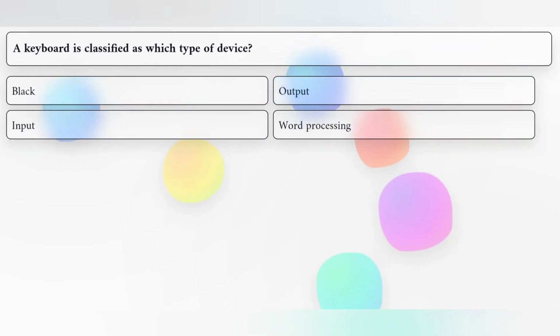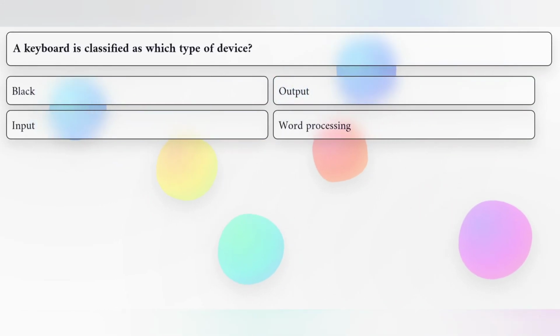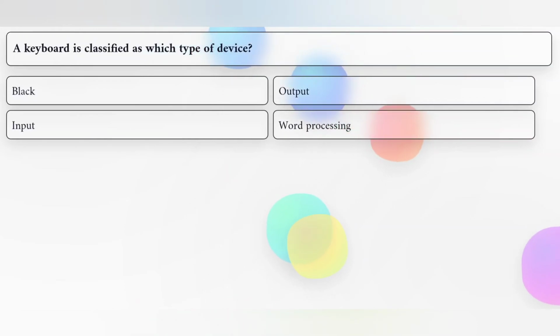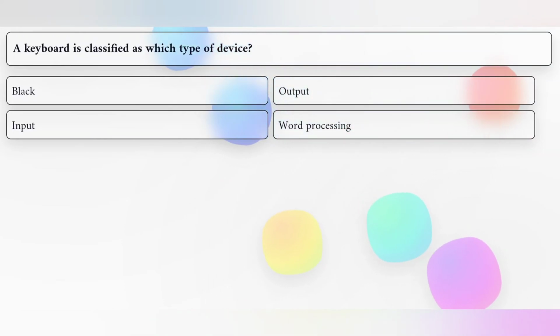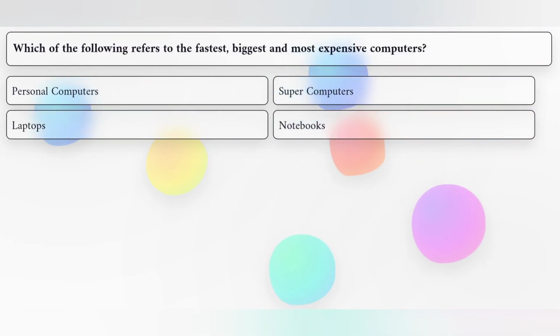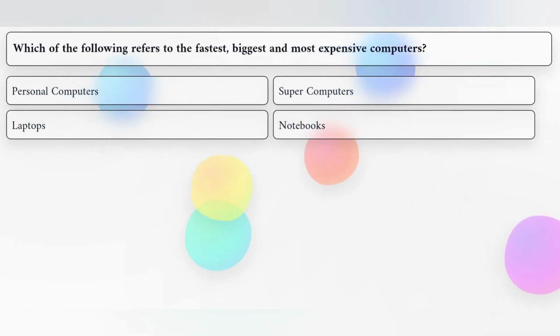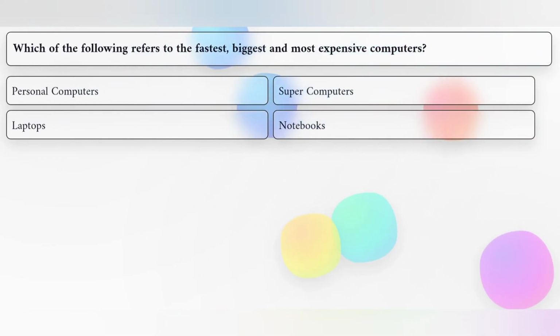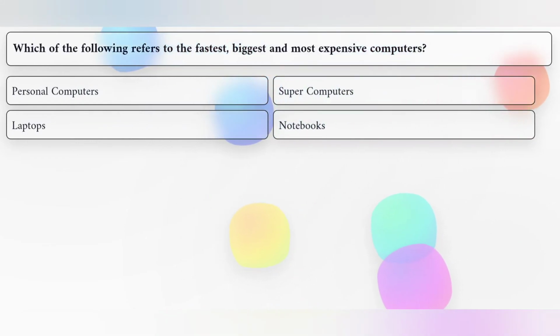A keyboard is classified as which type of device? Black, output, input, word processing. Which of the following refers to the fastest, biggest and most expensive computers? Personal computers, supercomputers, laptops, notebooks.